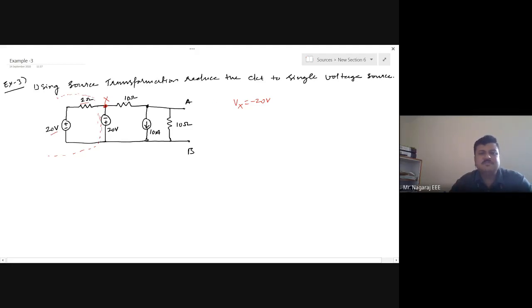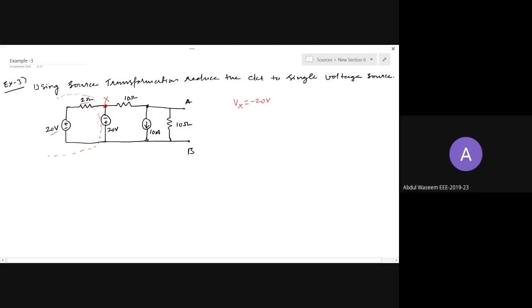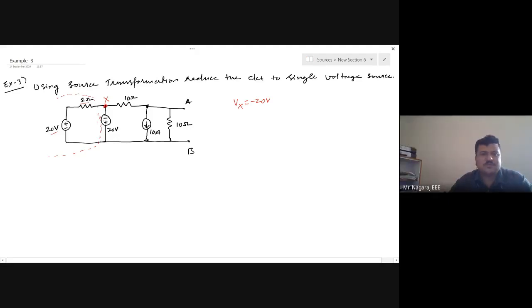Do you agree? Because this node X is directly connected to a voltage source. Between this node and the ground, the voltage is always minus 20 volts, irrespective of what is happening in this branch.